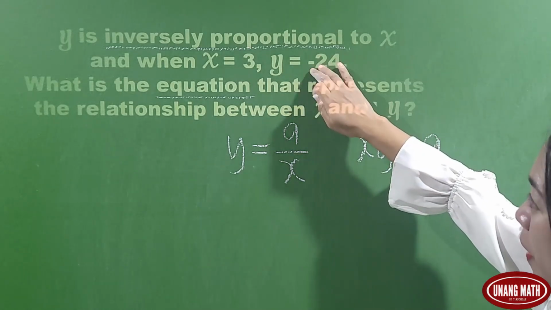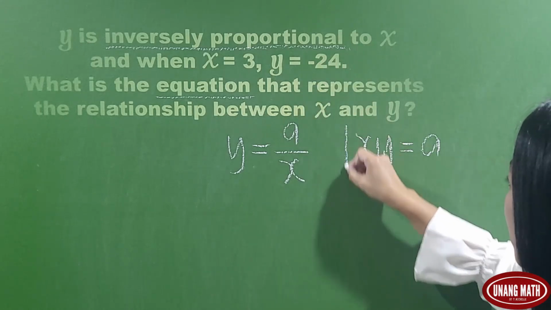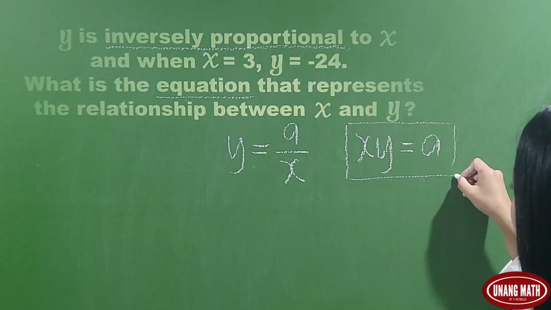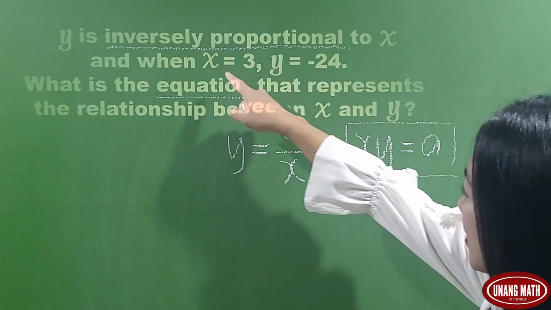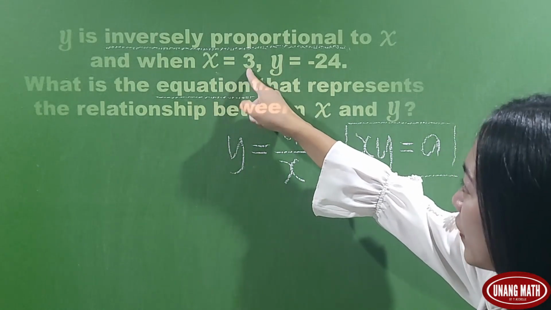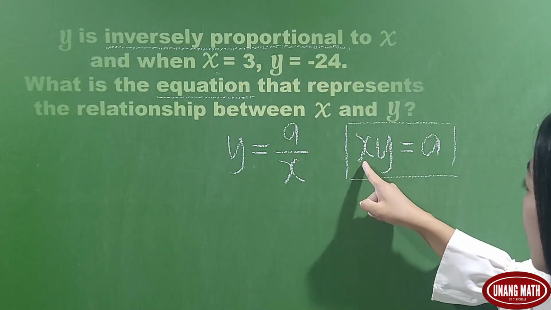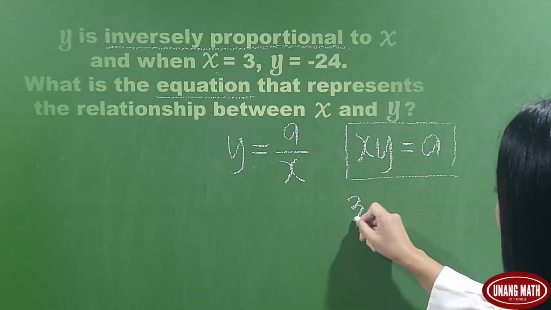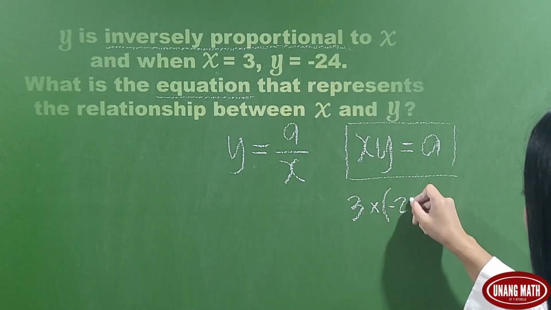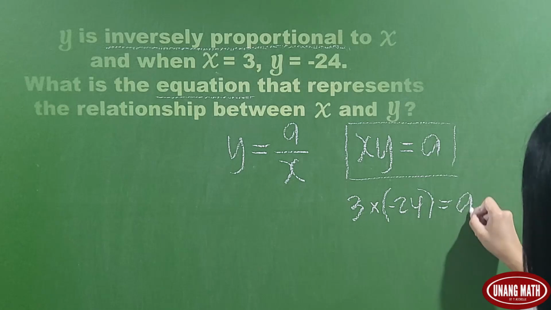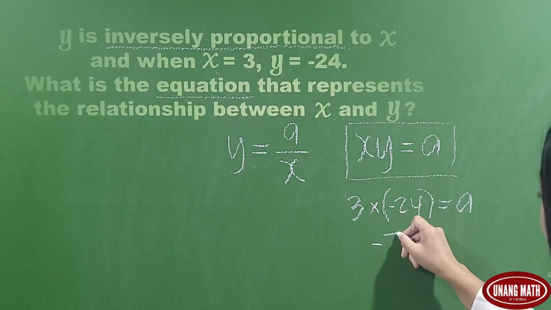In this problem, it would be more convenient if we use the equation xy is equal to a. So let's substitute the values of x and y in this equation. x is 3, so 3 times y, which is negative 24, is equal to a. 3 times negative 24 is negative 72.